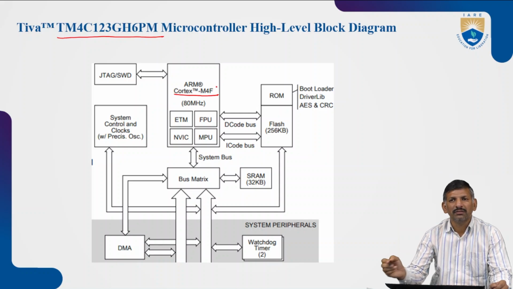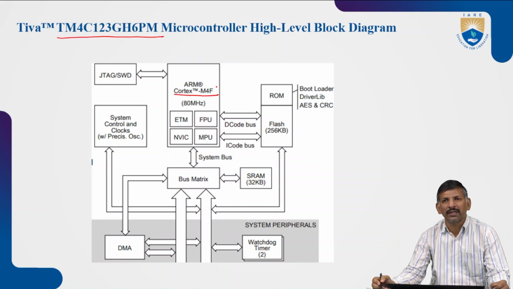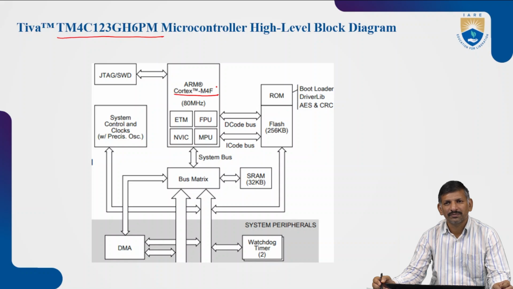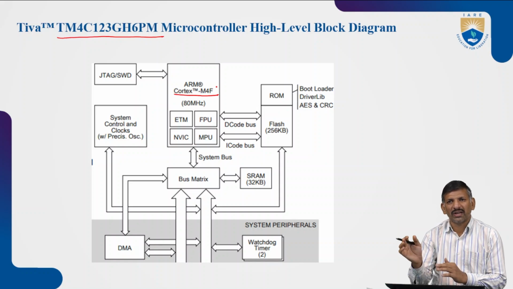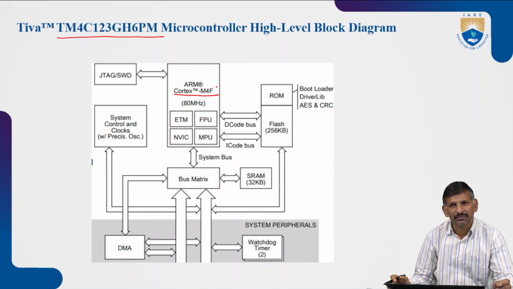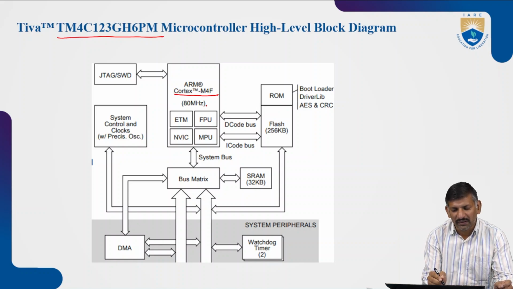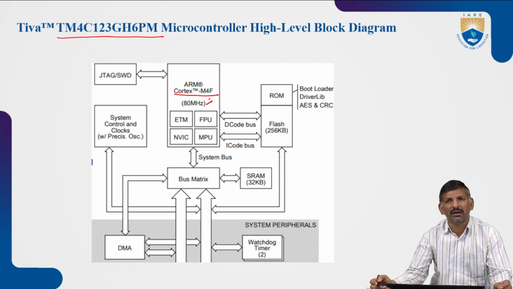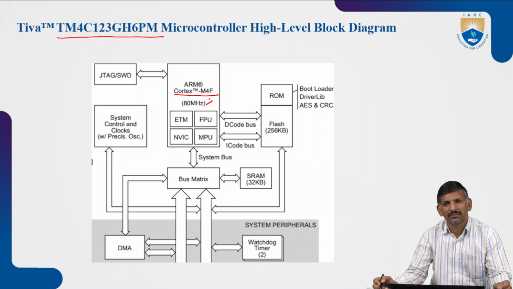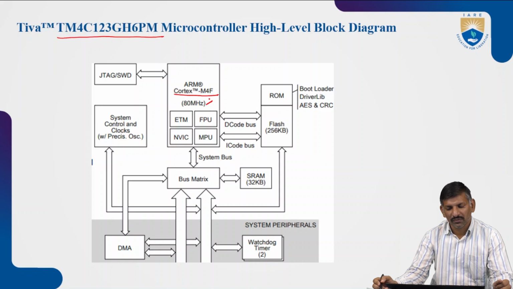F indicates it does floating point operations, means fractional values like 0.1234. Its clock frequency is 80 megahertz. So it provides that much speed.